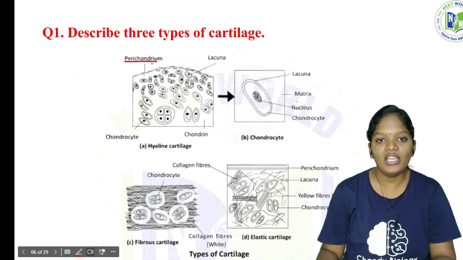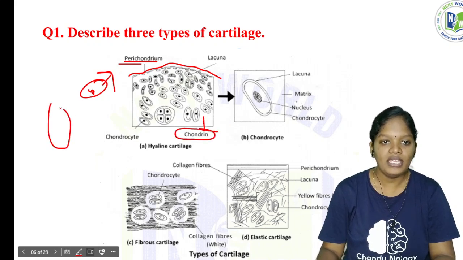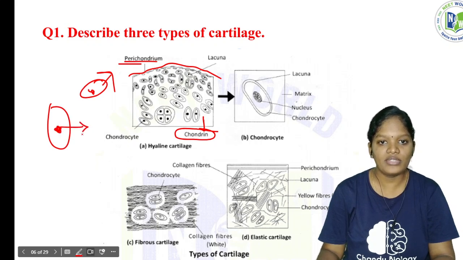See, perichondrium is this layer. The lacunae is this space, and this space is called the chondron. See, this is the chondrocyte.